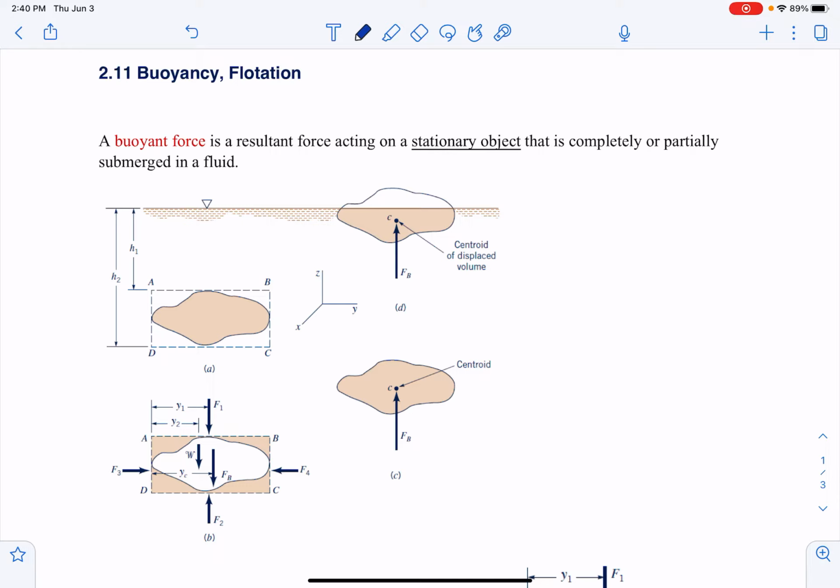If we consider this object here, let's put a star here, this object which is in a fluid, and here is a free surface. This object is completely in the fluid, so we call it a completely submerged body in a fluid.